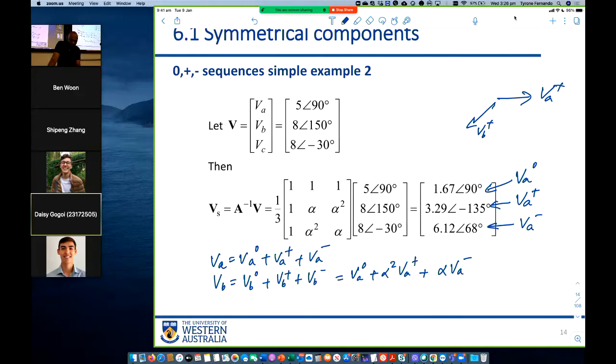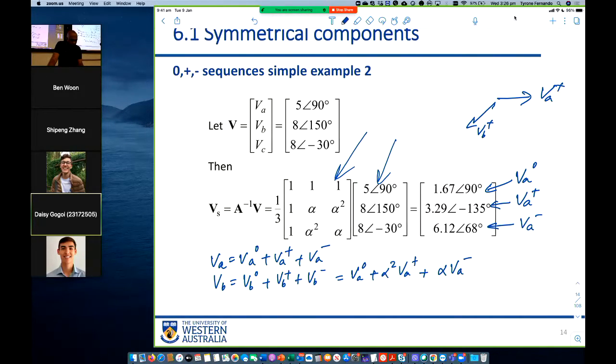Sequence voltages can be calculated using this relationship. Sequence voltage is A inverse times the phase voltage. So here is the A inverse. Here are the phase voltages, and when you compute, we get these 3 values.